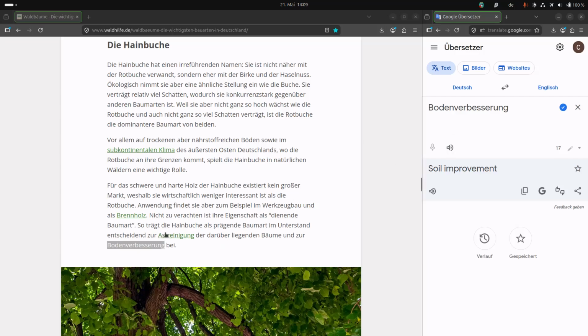So the hornbeam contributes as a very characterizing tree species in the shelter of the above lying trees to the cleaning of the branches of the above lying trees and to the improvement of the soil.